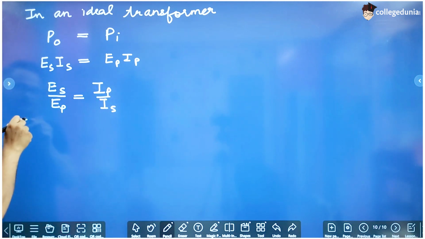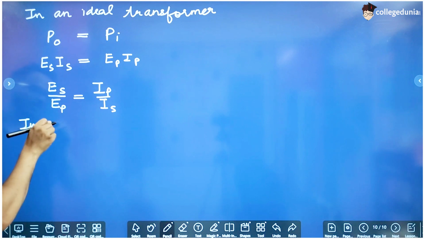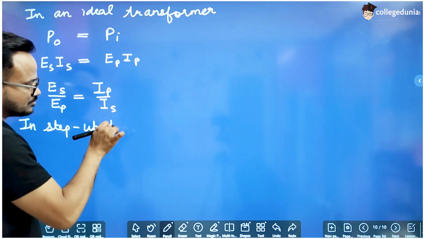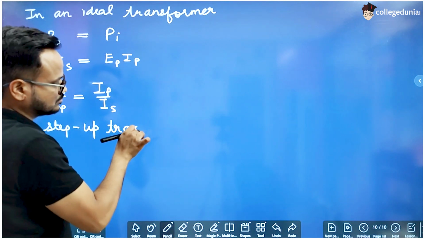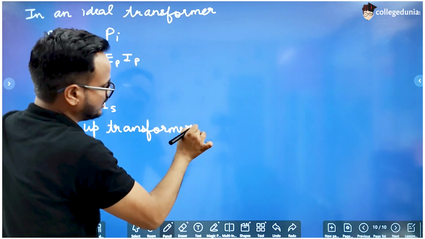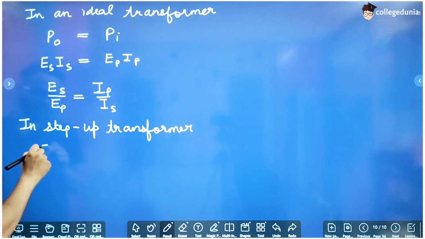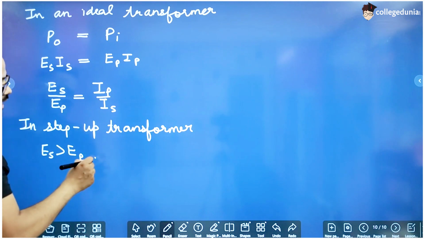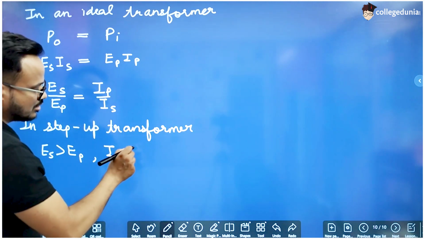So in a step up transformer, voltage increases and current decreases.